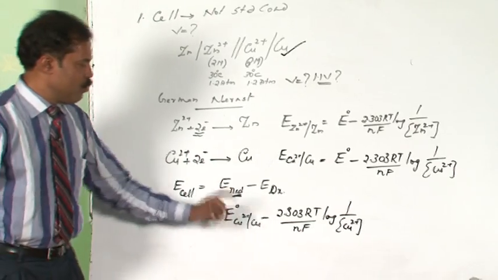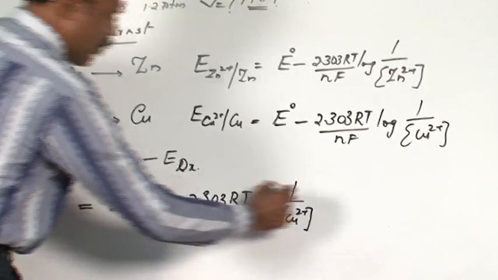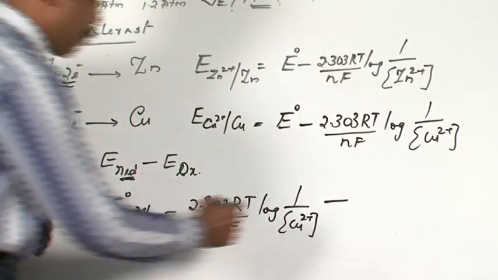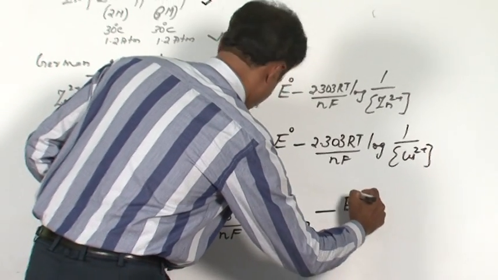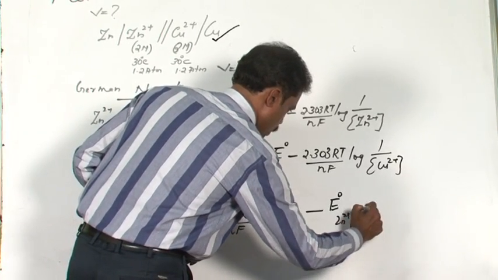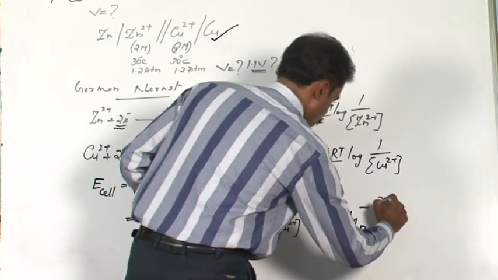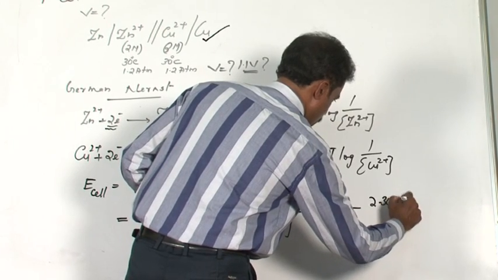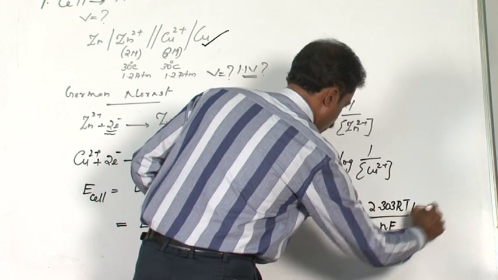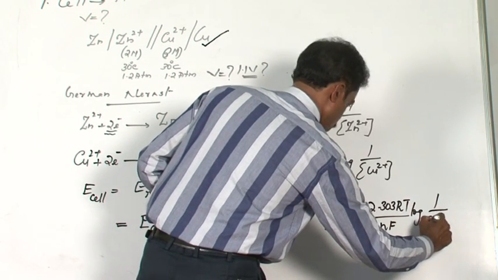We have substituted the EMF of the reduction half. Now let's substitute the EMF of the oxidation half also, which is of zinc. So we write E0 of Zn2+/Zn minus 2.303 RT divided by nF log of 1 by Zn2+.